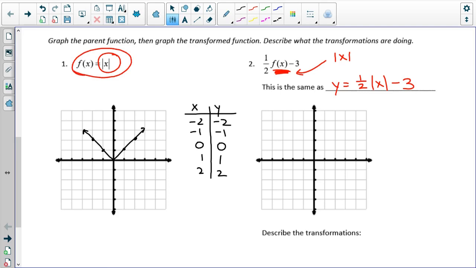That won't be the case in every problem, but in this particular problem it is. So if I plotted some points on this graph, if I plotted 0, I'd get -3. If I plotted 1, I would get -2.5, or -5 halves. If I plotted 2, I would get -2, and so on.